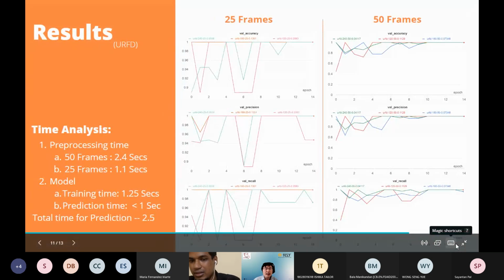Yeah, sure. From this slide you can see that if you use the same data set to do the training, you can take a look at both the 20 frame and the 50 frame situation. The validation accuracy can reach 100%, even after 12 epochs of training.